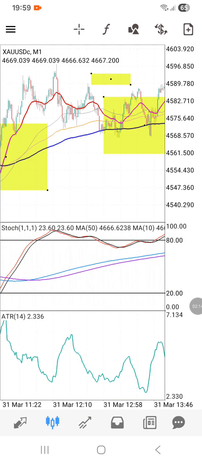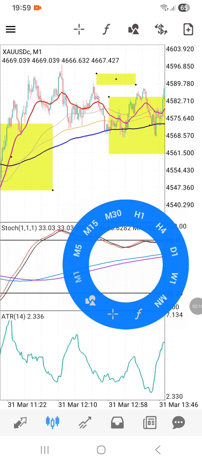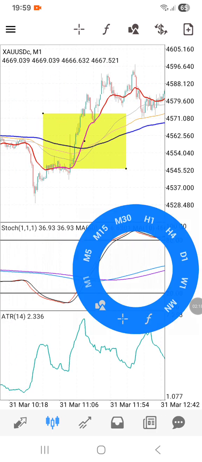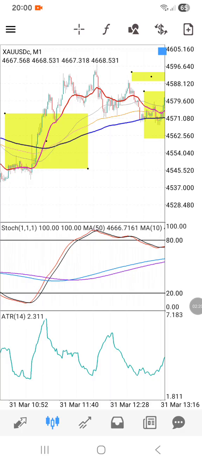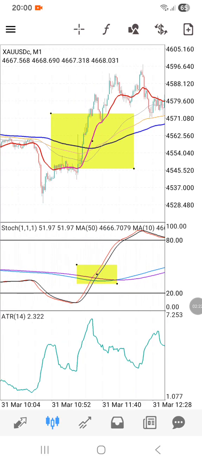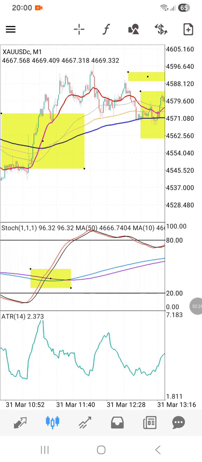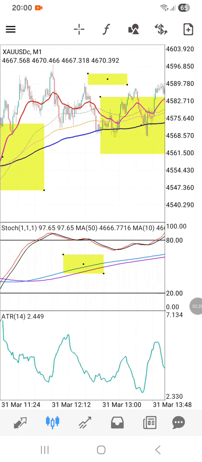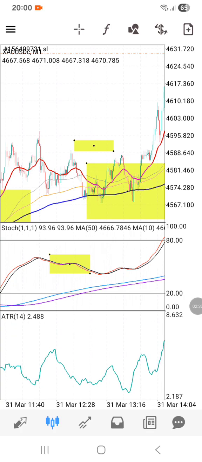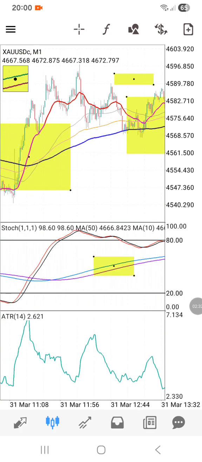Of course, that must be in confluence with what's on indicator window 1. This black and red moving averages must have crossed above this particular blue and purple moving average.